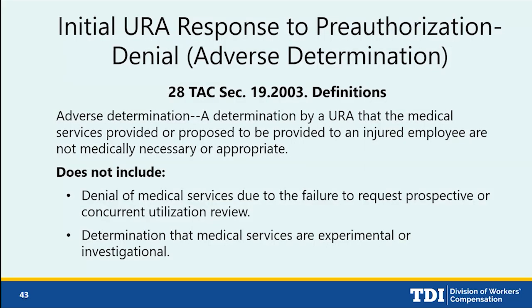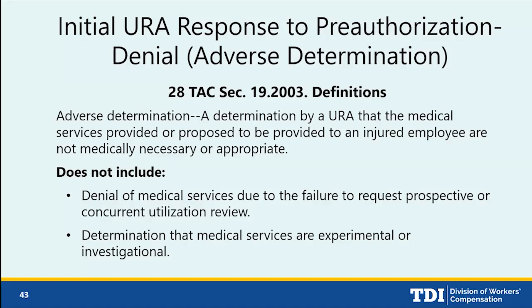All right, for the utilization review agent responding not with an approval, but one of those adverse determinations or a denial. An adverse determination is defined in Chapter 19, Rule 19.2003.